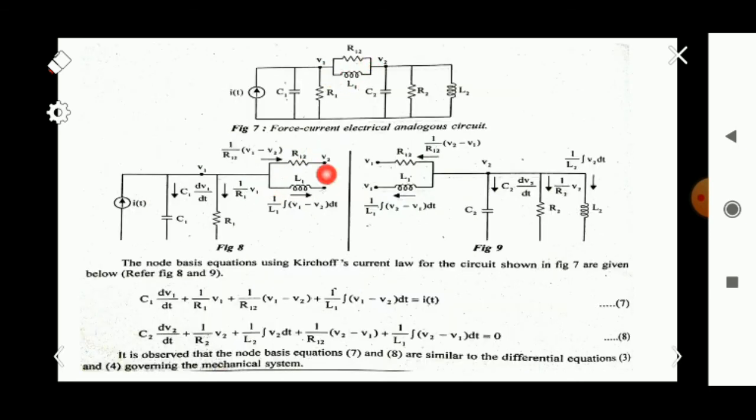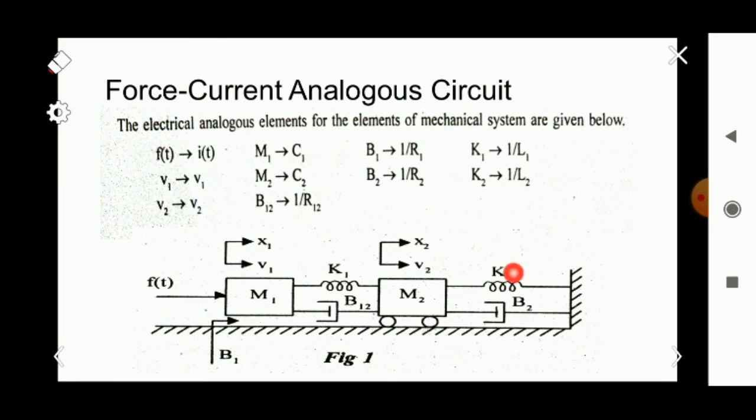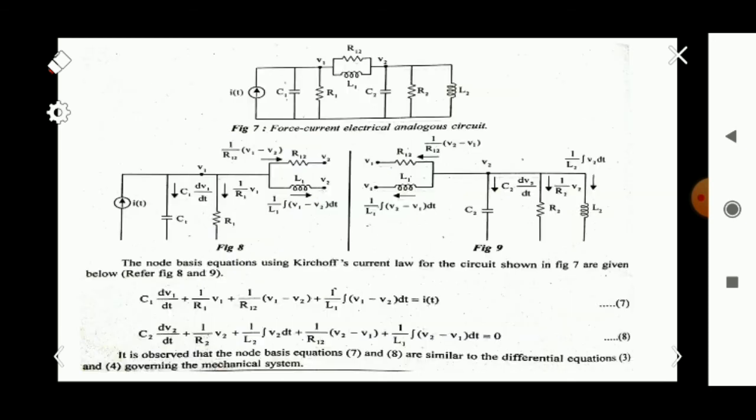For K2 we connect inductor L2 to node 2, and B2 is a resistor R2 connected to node 2. So C2, R2 and L2 are connected to the second node, and R12 and L1 are common. This is the corresponding force current electrical analogous circuit, and from that we can write the node equations.